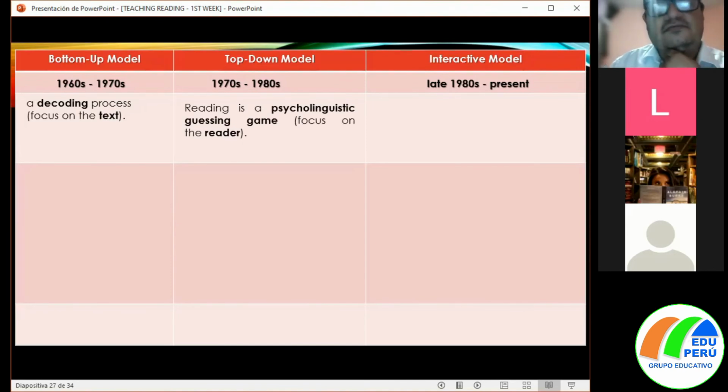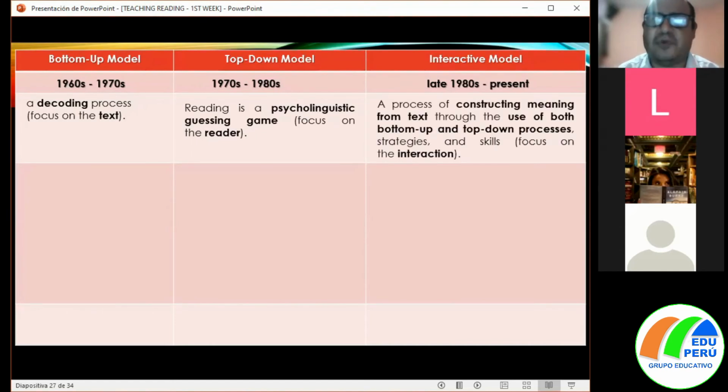The top-down model, reading is a psycholinguistic guessing game, remember. You're going to guess, make predictions, hypotheses, get to conclusions, and create new ones. And it's focused on the reader. In the interactive model, it's a process of constructing meaning from texts through the use of both bottom-up and top-down processes, strategies, and skills.